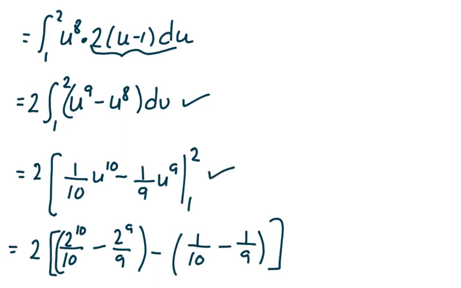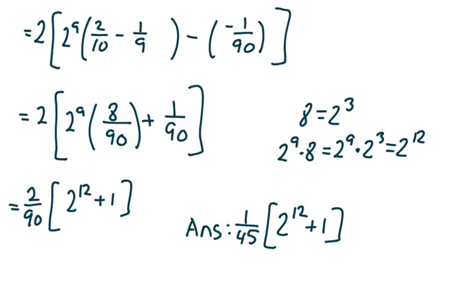So I'm going to pop the 2 in, pop the 1 in. So I get 2 times the quantity 2 to the 10th over 10 minus 2 to the 9th over 9 minus the quantity 1/10 minus 1/9. Right there. And so I do some simplification, you might notice, and at the end I get 1 over 45 times the quantity 2 to the 12th plus 1.